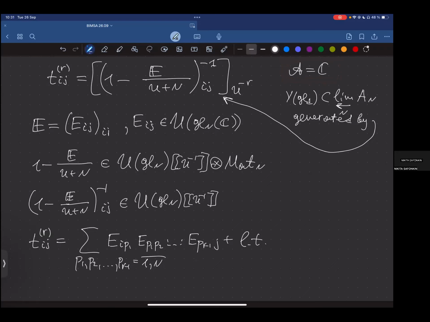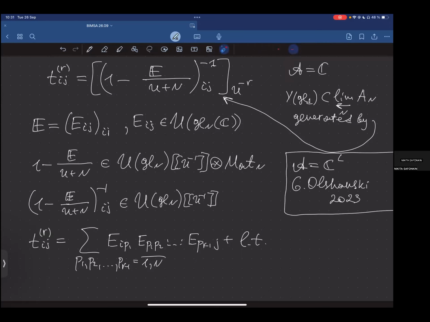Maybe it's worth mentioning that another particular case, when A is the product of fields, was considered in a paper by Grigori Olshanski. And this case was considered in full detail in that paper. And for this case, it is possible to produce a formula similar to this one.